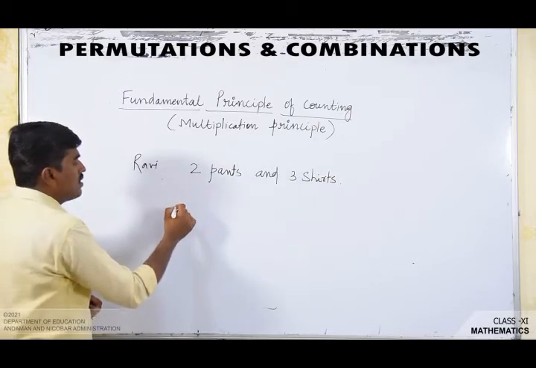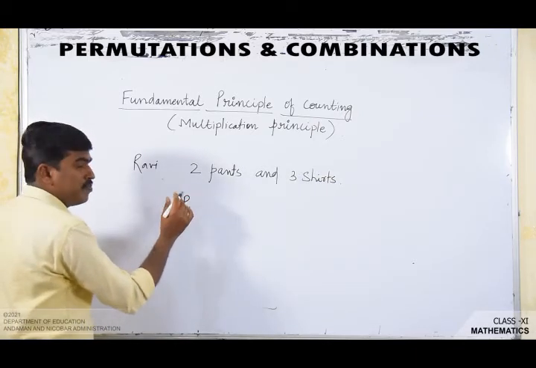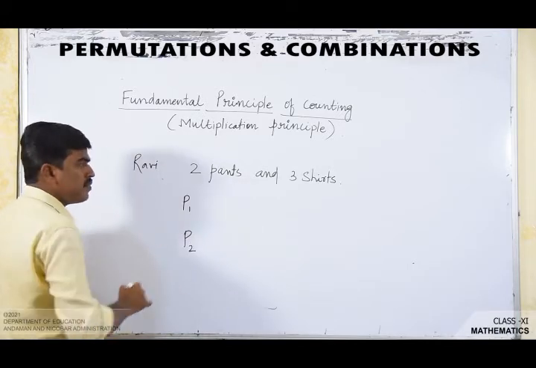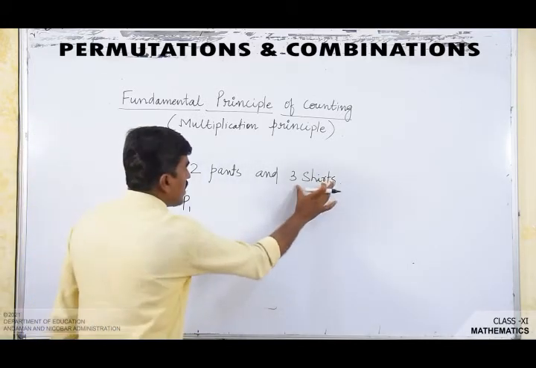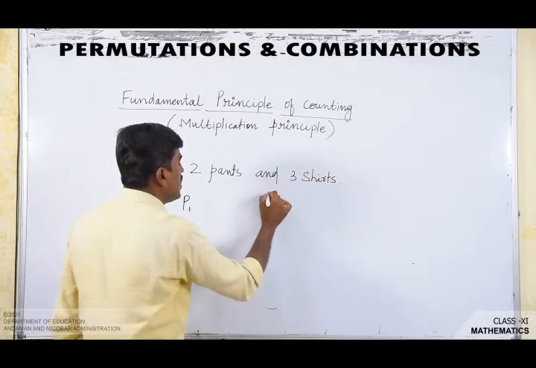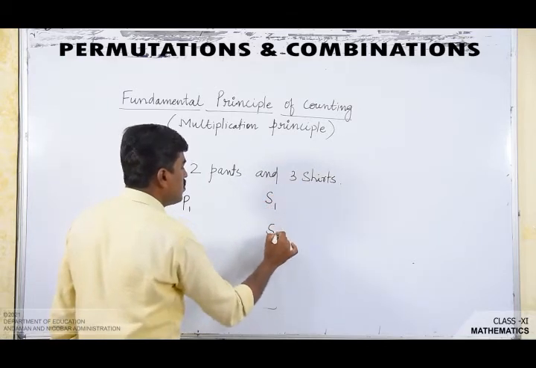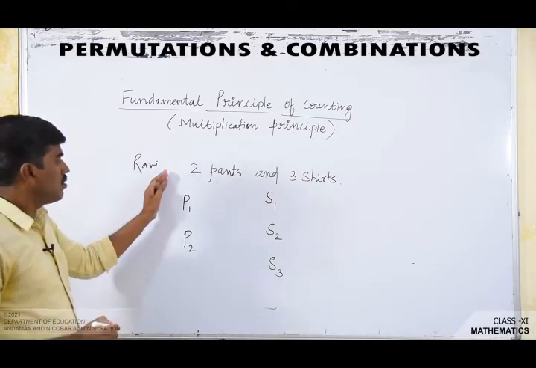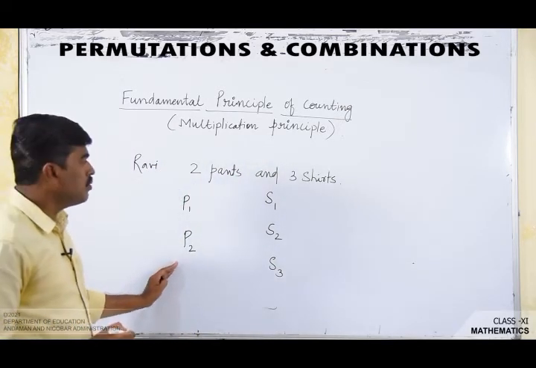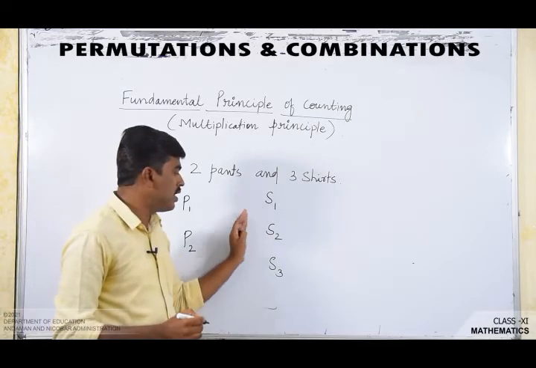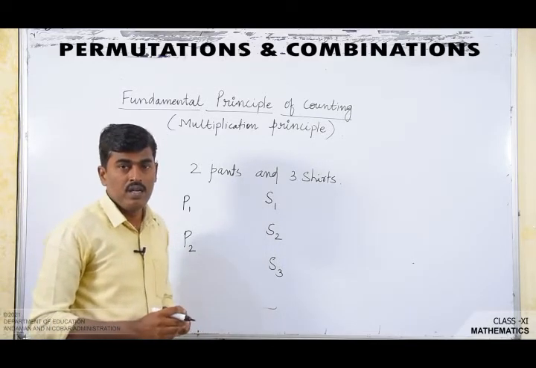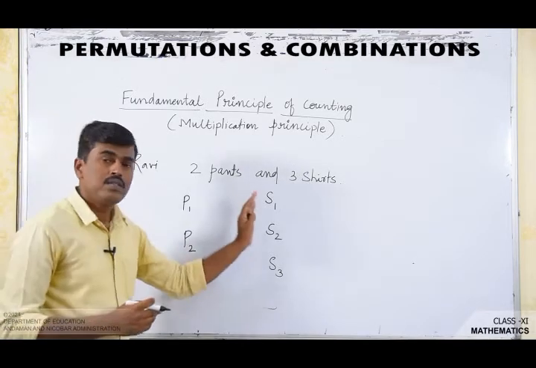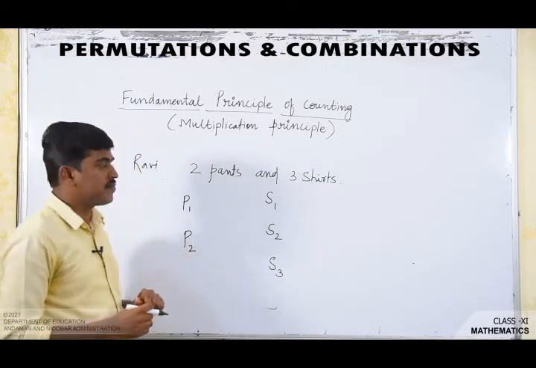Let's mark the pants as pant number 1 and pant number 2, and the shirts as shirt number 1, shirt number 2 and shirt number 3. So there are 2 pants P1 and P2 and 3 shirts S1, S2 and S3.